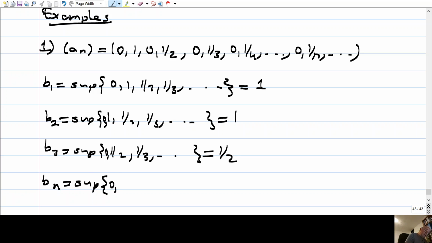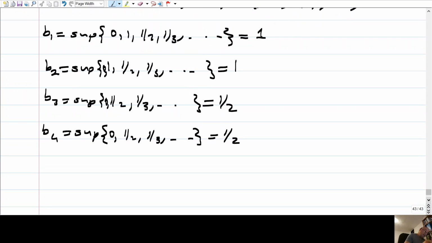What is B4? 1 over 2 and then 1 over 3 and so on. So it is again 1 over 2. B5 will be 1 over 3 and so on, right? So the sequence Bn is something like this: 1, 1, 1 over 2, 1 over 2, and then I guess we will have 1 over 3, 1 over 3, and so it will go like this, okay?